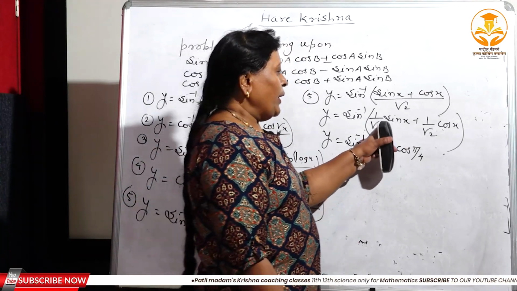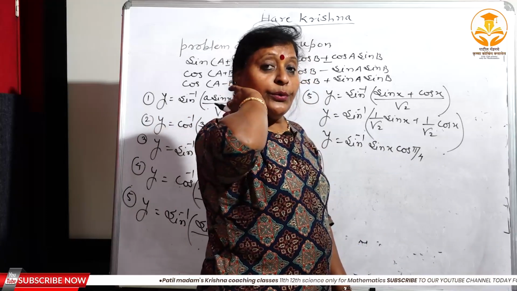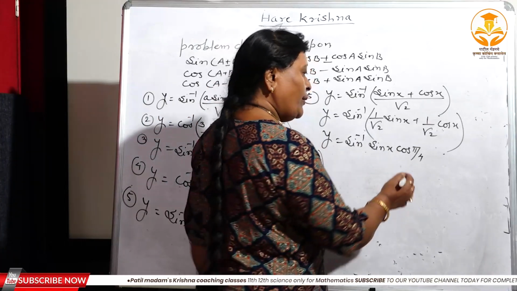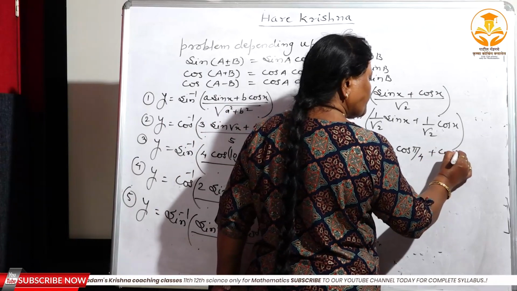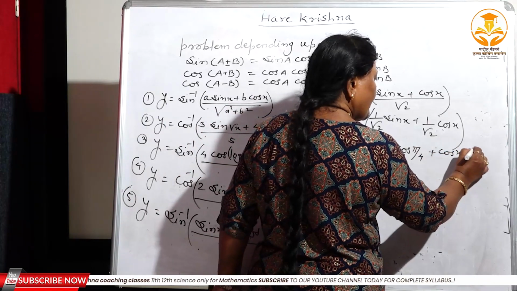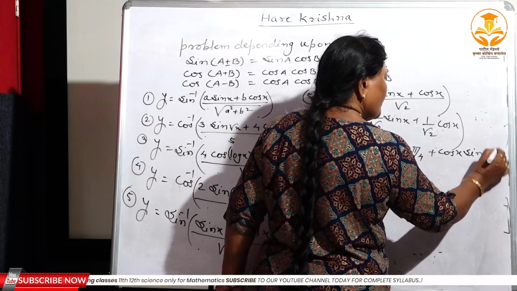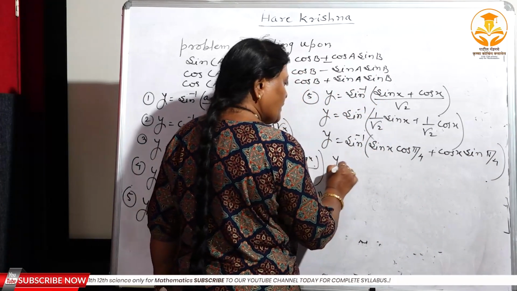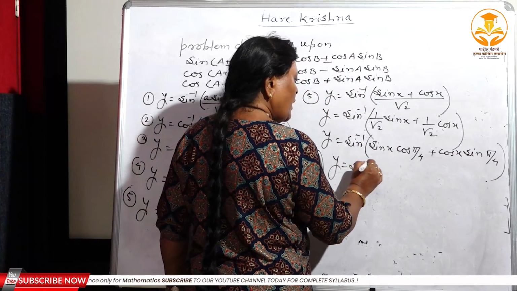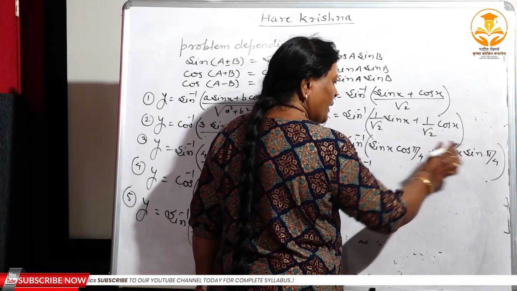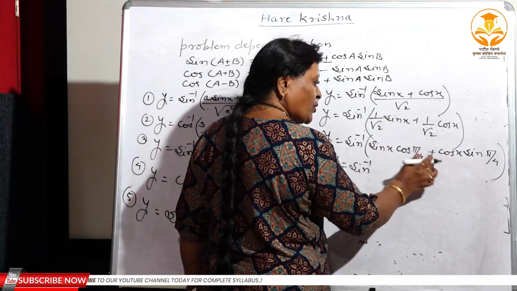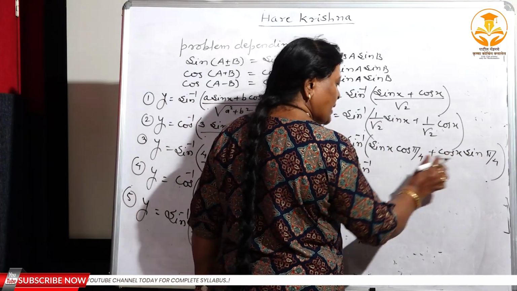Isn't it? Therefore, in place of 1 by root 2, you can substitute cos pi by 4, right? Directly, because this is one of the constants. Again, cos x, and here again you can write sin pi by 4. Now, it's quite simple. Y is equal to sin inverse. Again, this is A, this is B. X is A, again B, means sin A cos B, sin x cos pi by 4 plus cos x sin pi by 4.